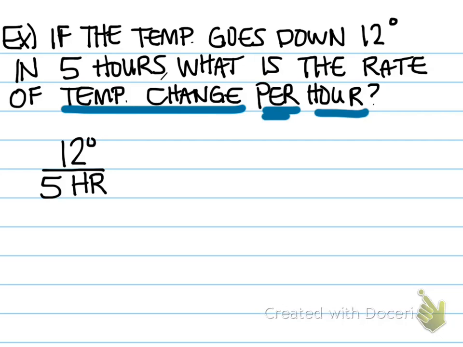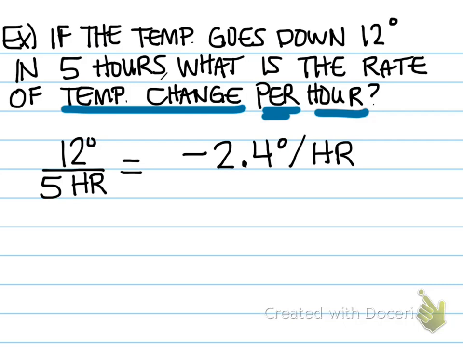Okay, and then the two ways we could look at this would be, we could say it went down the 12 divided by 5. So we could say it went down negative, or it's a change of negative 2.4 degrees per hour. So the change again is a negative 2.4 degrees per hour.